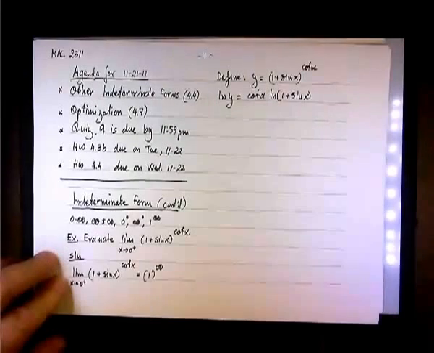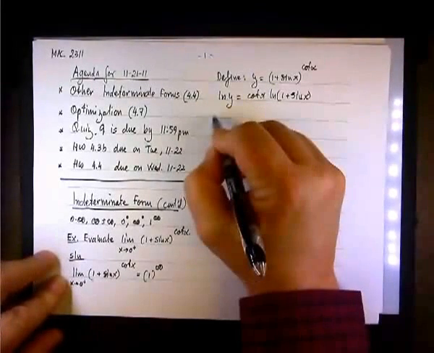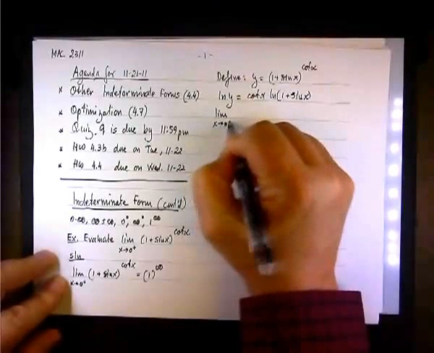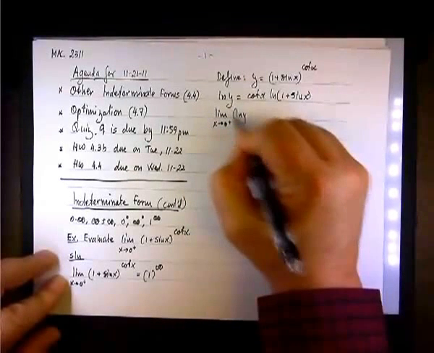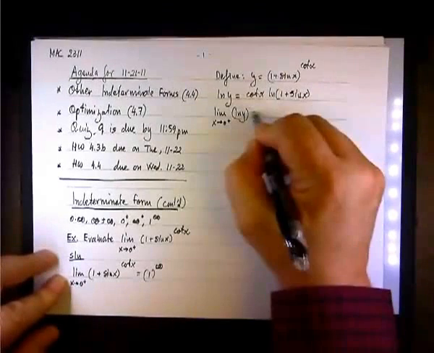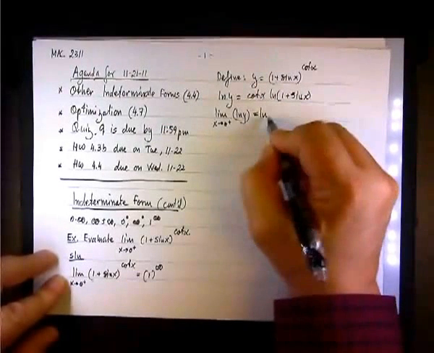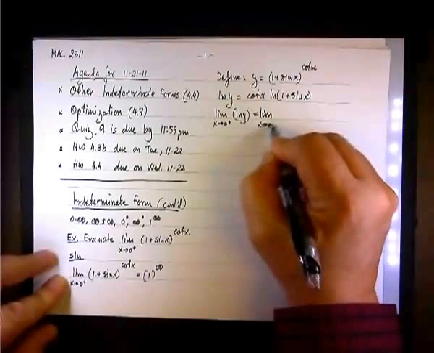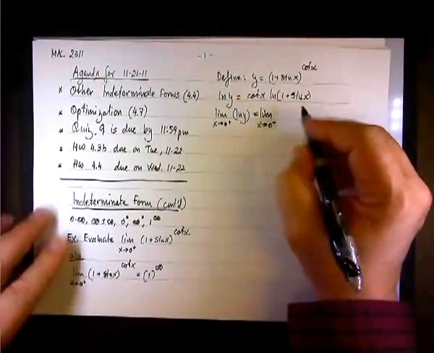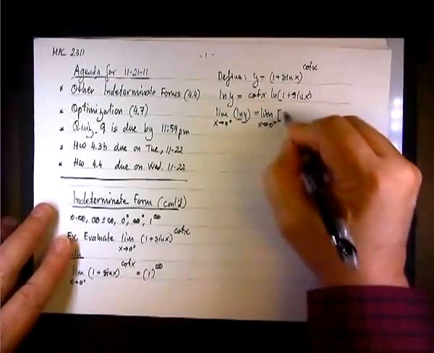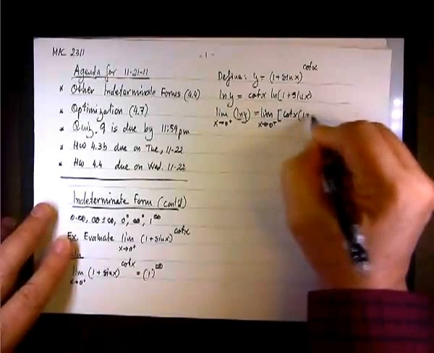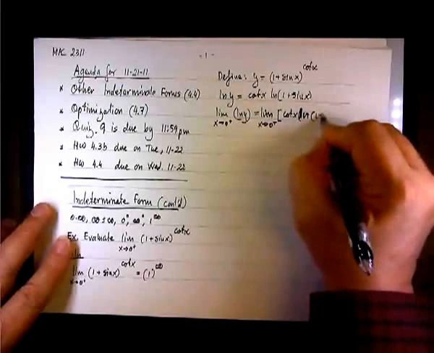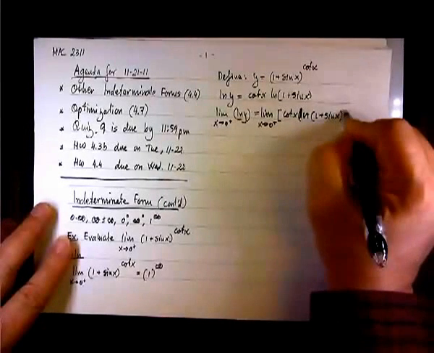So now I'll take the limit from both sides, and say the limit as x approaches 0 plus of the natural log of y, on the left, equals the limit as x approaches 0 plus of whatever I have on the right side, which is the cotangent times the natural log of 1 plus sine x.